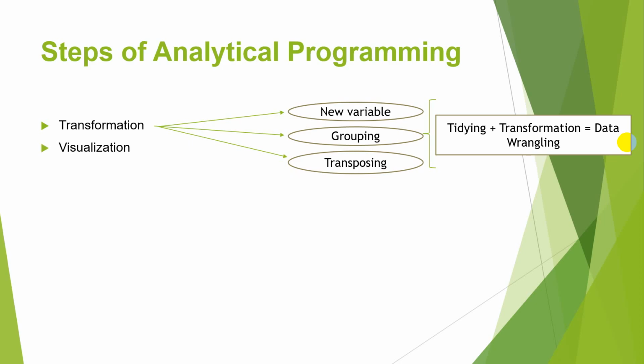Whatever data you have captured in the research process, you are transforming in such a way that you can perform some analysis on it. After the data wrangling process, you are ready for the analysis.